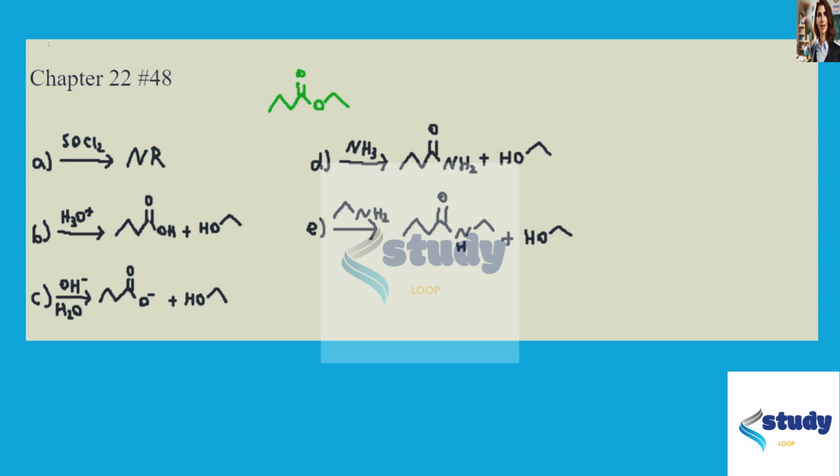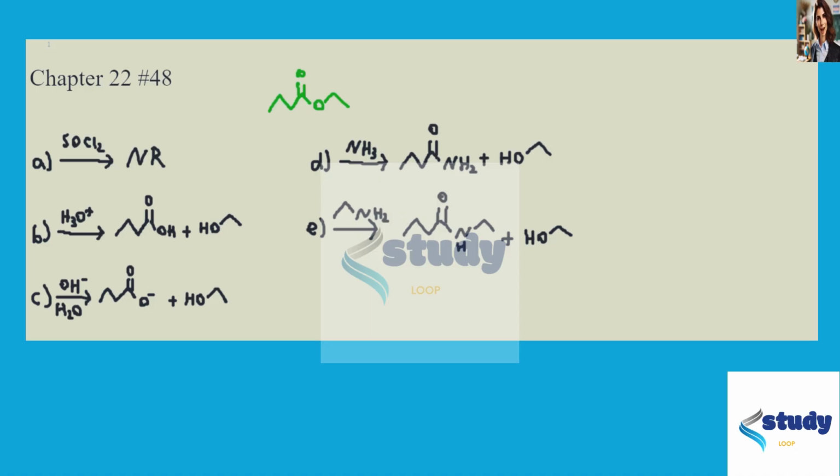The tetrahedral intermediate will form, the oxygen will close back down, the electrons will add back in to reform that double bond, and the other oxygen with the ethyl group on it will be kicked out. For each of these, we're going to hydrolyze the ester, basically.